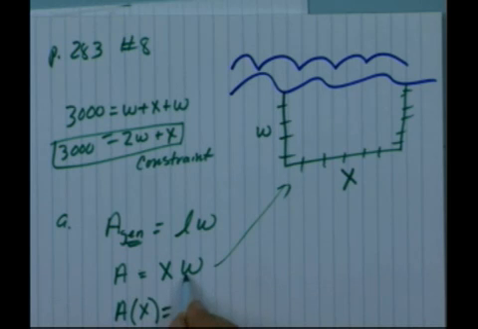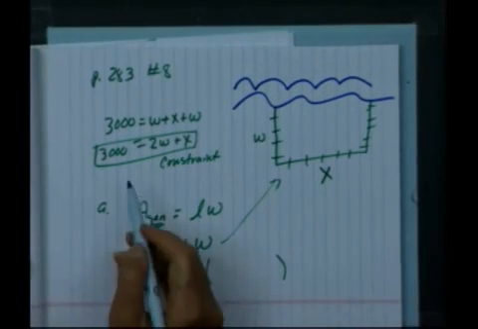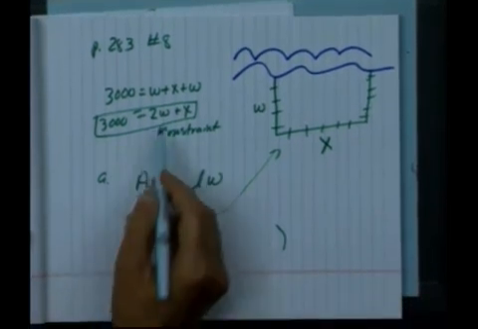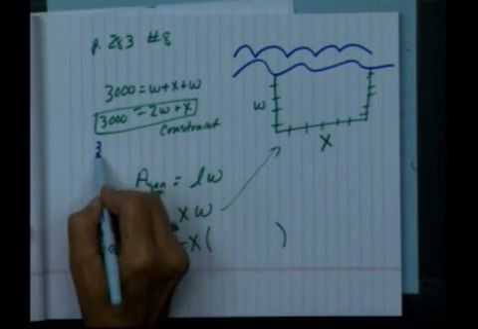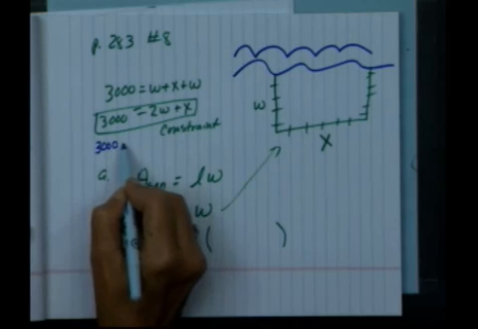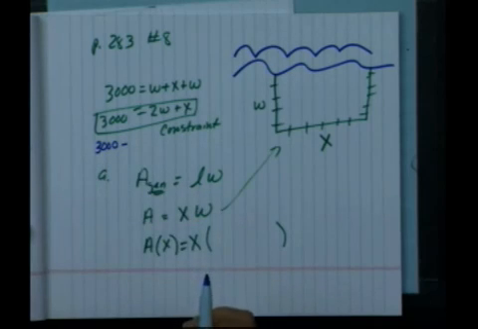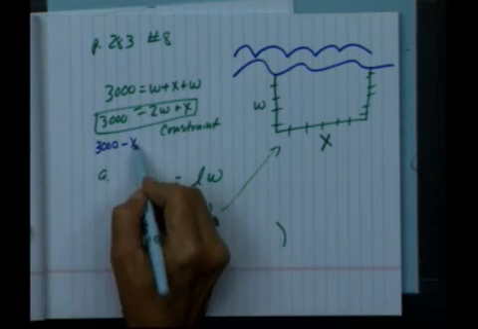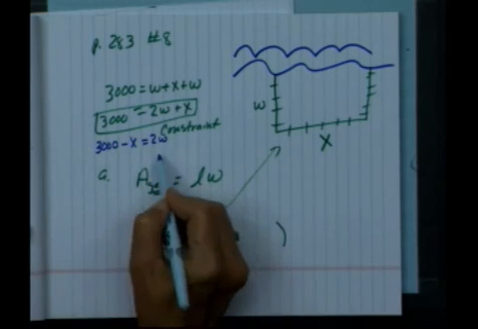And when you look up here, there's a w. So I've got to find a way to replace w only in terms of x. So what are you going to do? Okay, you're going to go back up here to your constraint and solve for w. You're exactly right. So we have 3,000 minus x equals 2w.